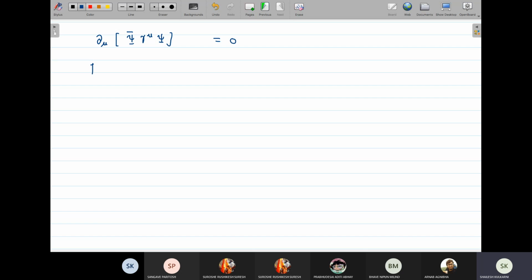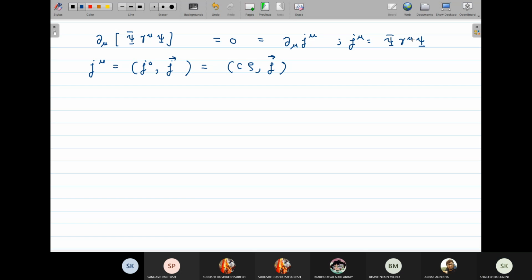This is equal to del mu J mu, where J mu is J0 and J, which is nothing but C times rho and J. And explicitly, your J mu is psi bar gamma mu psi.